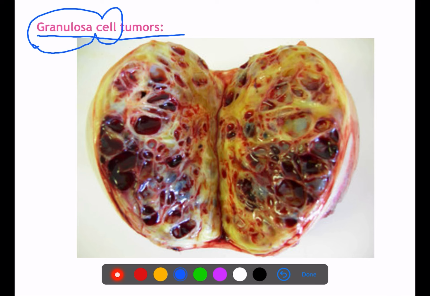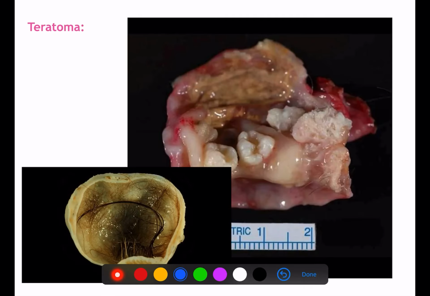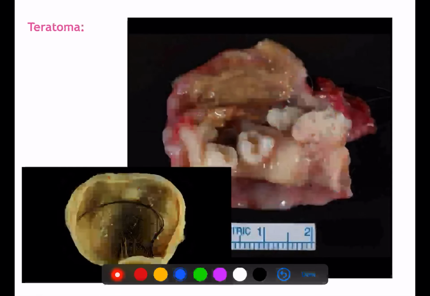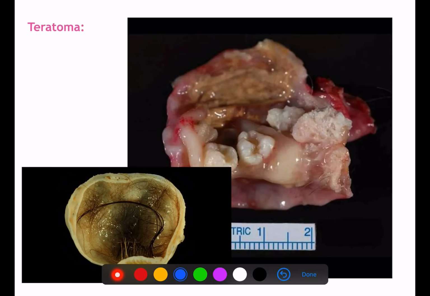The last type of neoplasia that occurs within the ovary, which we discuss in some detail in the chapter of neoplasia, is teratoma. Teratoma originates from the germ cell layer of the ovary.